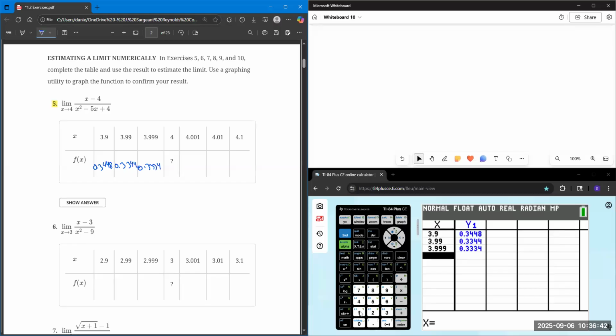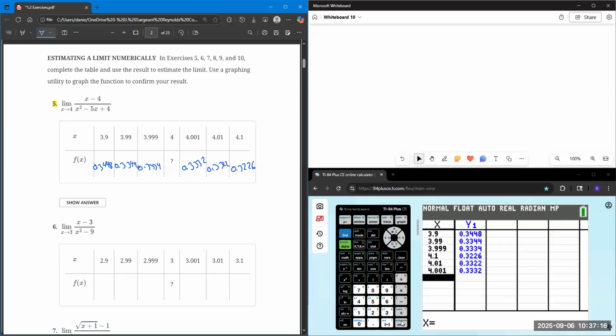So what happens from the right, 4.1 is 0.3226, 4.01, 0.3322, and then 4.001 is 0.3332.